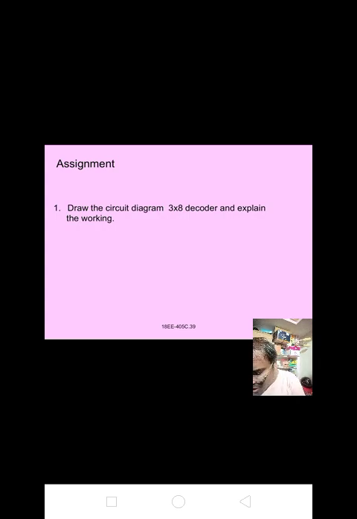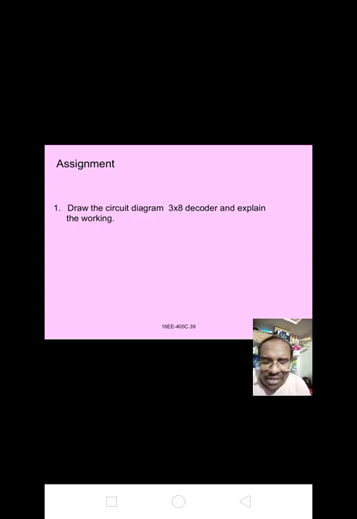Decoder is a combinational logic circuit that essentially performs to detect the presence of a specified combination of bits on its inputs and to indicate that presence by a specified output level.